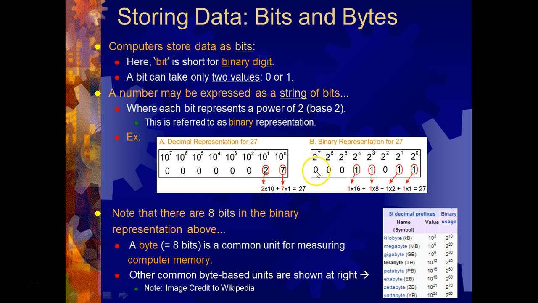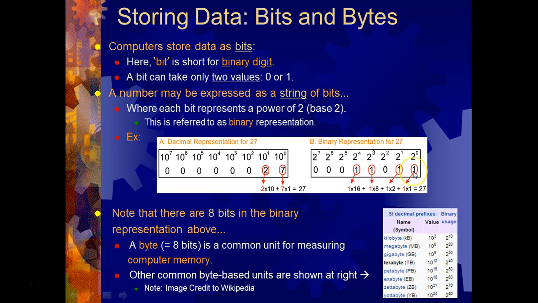This could be 0, 1, this could be 0, 1, and so on. It could all be 0, 1. So how many different sequences of zeros and ones can we write when we have 8 of these spaces, or 8 bits, or 8 digits?